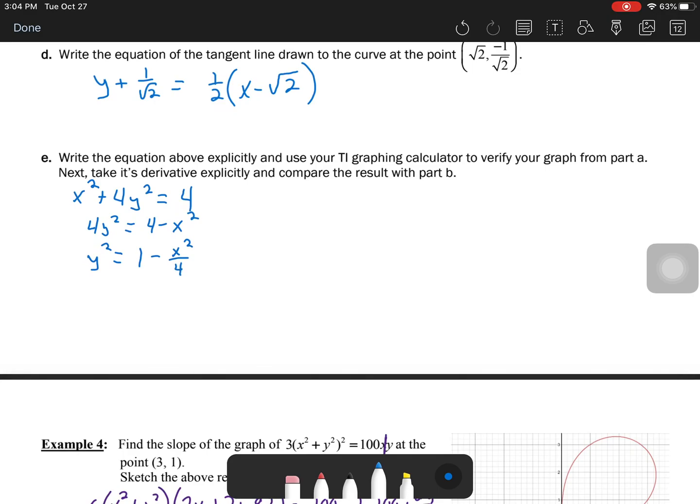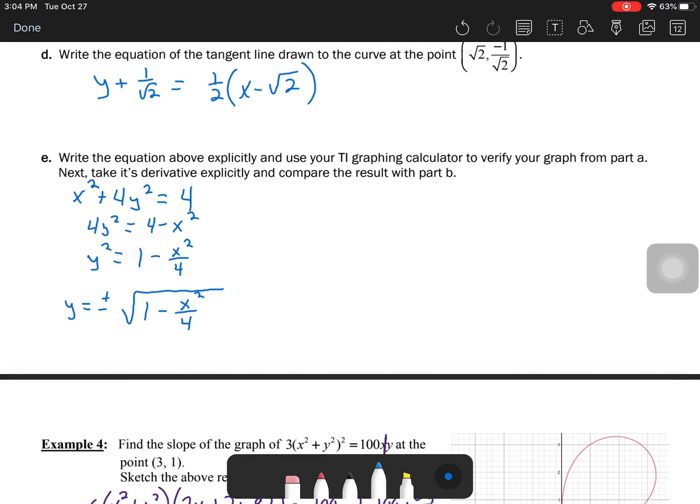So I divide both those terms by 4. And then finally I'd take the square root, so I'd have y equals plus or minus the square root of 1 minus x squared over 4. Okay, so there's my explicit form of this.